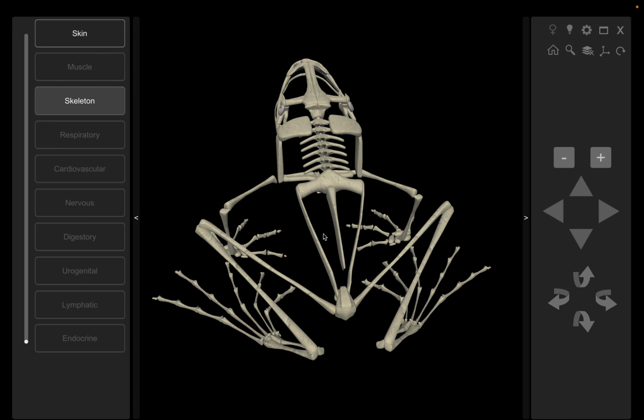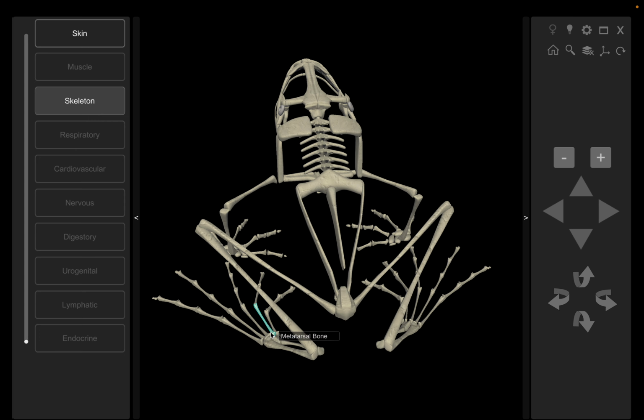Now looking into the hind limb, what do we have? Of course, the longest bone of our model animal, the femur, the hind limb bone. Then we have the tibiofibula, which is also a fused bone. And then we have a pair of bones right after the tibiofibula, which is the astragalus and the calcaneum.